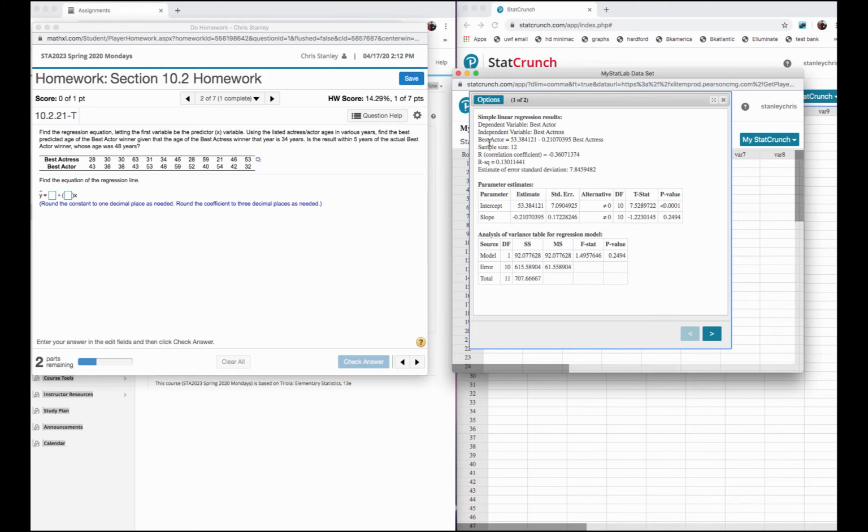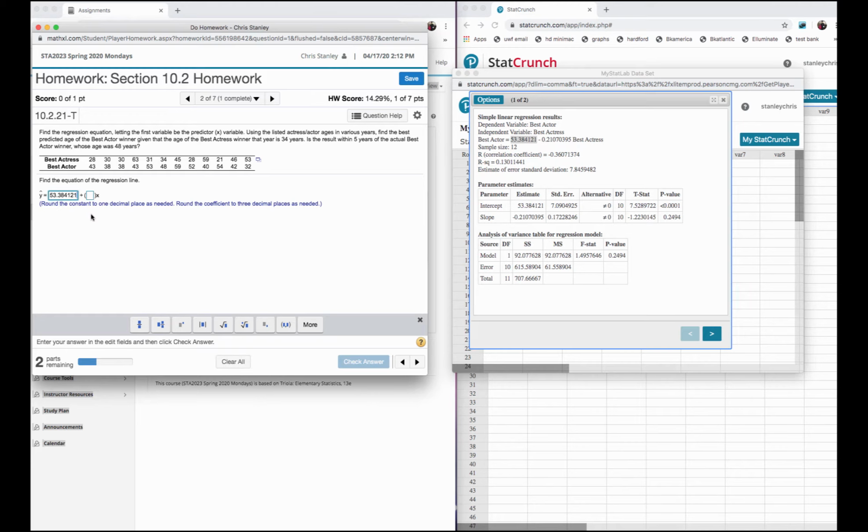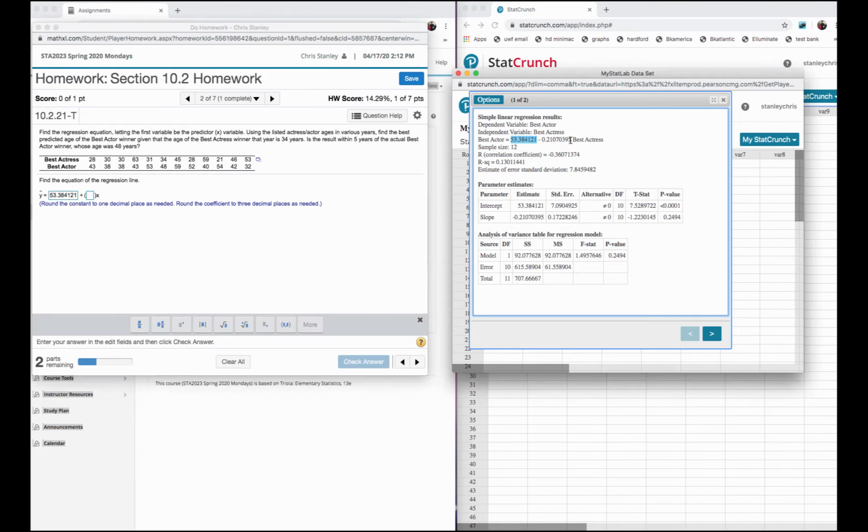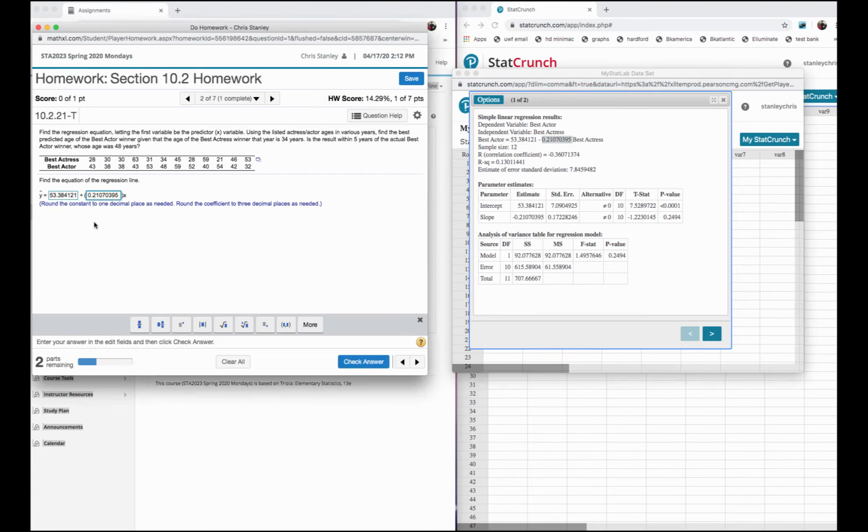So here's the equation: best actor, actress. Okay, round the constant. A constant is just something that's sitting by itself. So that 3 there needs to go to a 4. And the coefficient, 3 decimals.